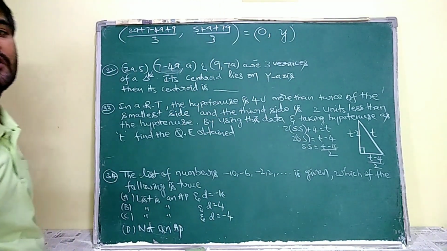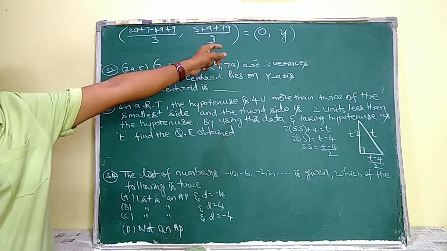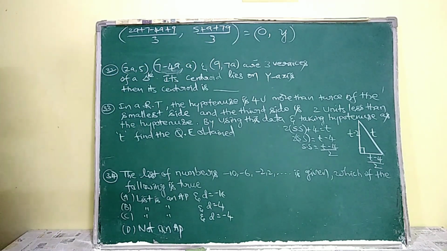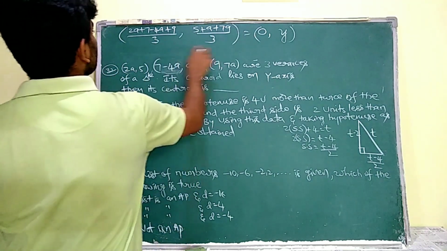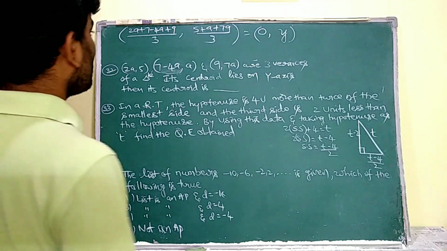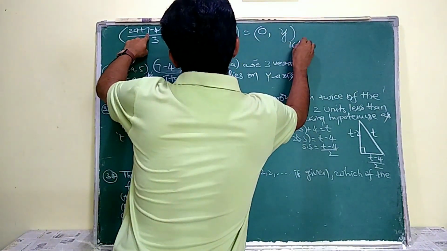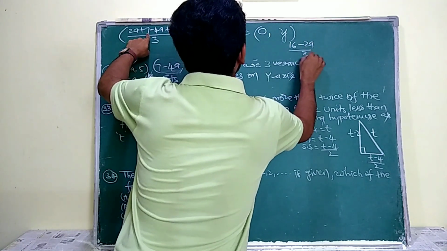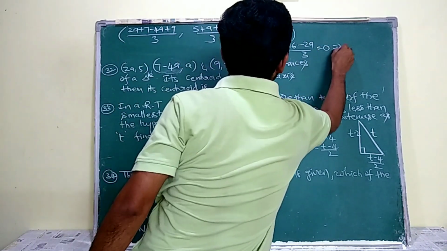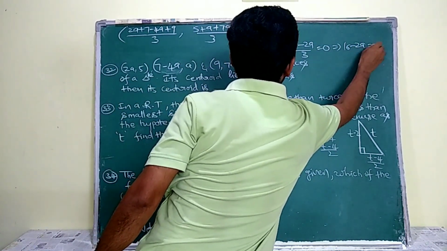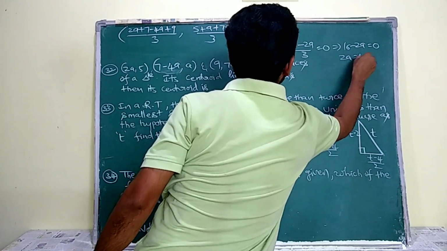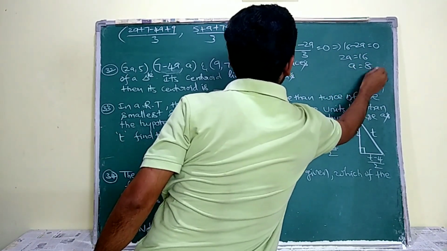Why? Because every point on the y-axis is of the form (0, some number). By equating the x coordinates we find the value of a. That is, (16 - 2a)/3 = 0. 16 - 2a = 0, 2a = 16, then a = 8.